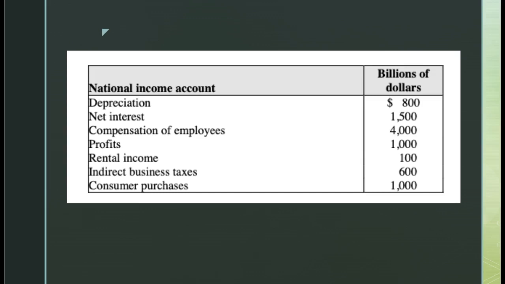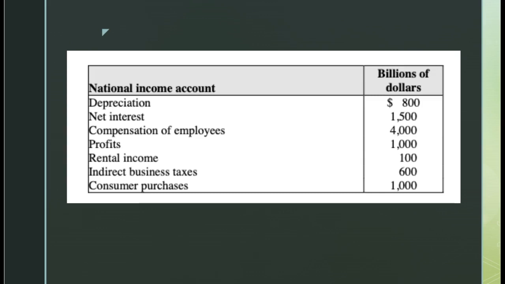We're asking, okay, how are we going to calculate the national income? You should be able to use this chart to figure out what the national income is, and you can use your textbook as well to help you.